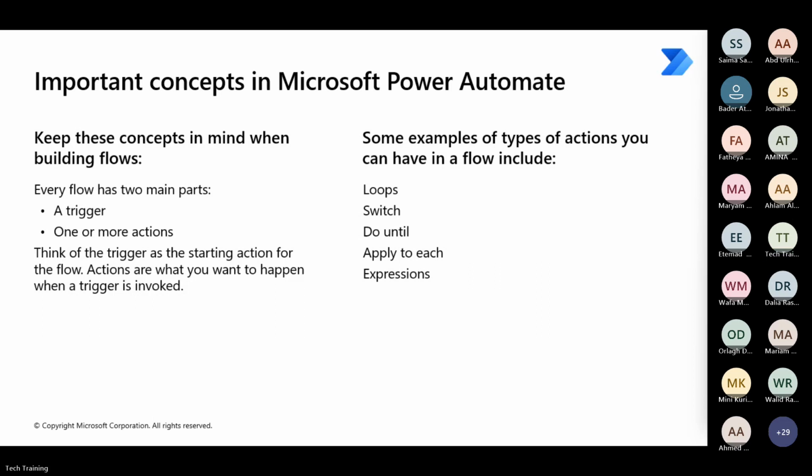Do until executes a block of actions until a specified condition is true, like do it until the mailbox receives 10 messages, or do until you receive an email from X or Y or Z. Apply to each means that each and every one of these actions should be applied for each item in the input array.